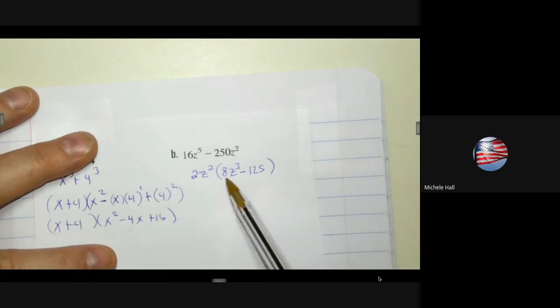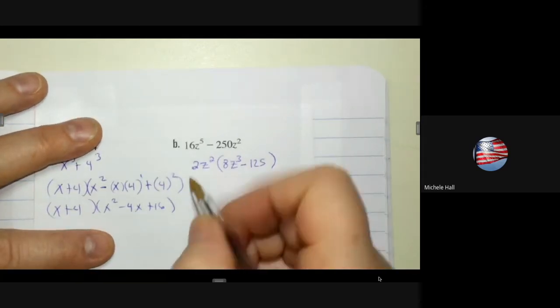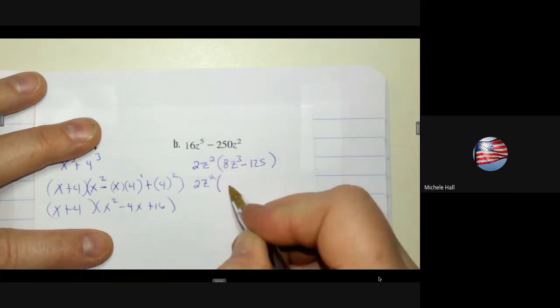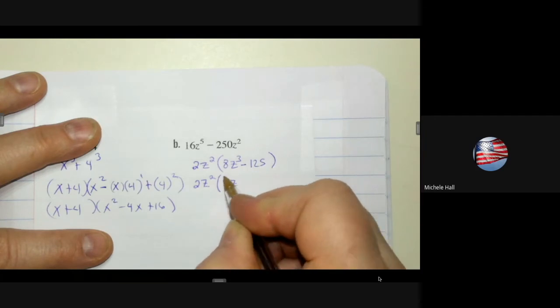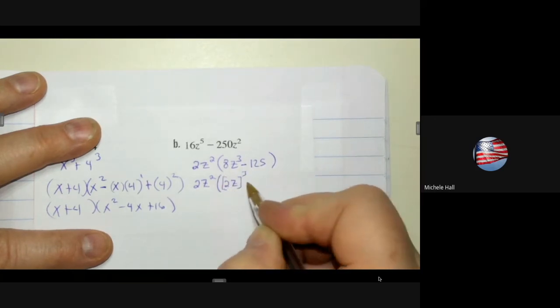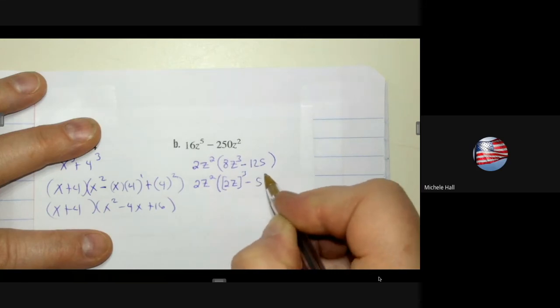Now I'm going to change these into cubes. Here's a cube. So if I'm going to factor, these are going to need to be cubes as well. We have 2z cubed, 2 times 2 times 2, minus 5 cubed.